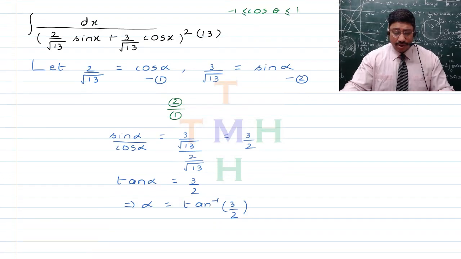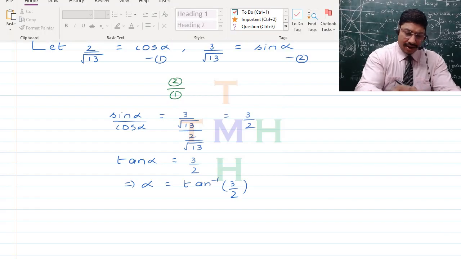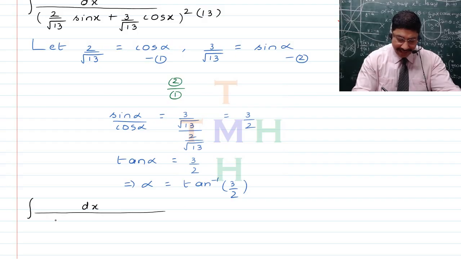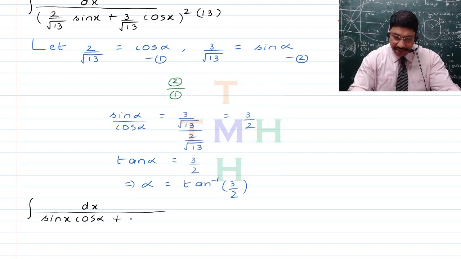Now that we have introduced alpha, we can write this integral that we had to be converted in the form of dx divided by sin x cos alpha, as remember, 2 upon root 13 has been taken to be cos alpha, plus we have cos x times sin alpha.